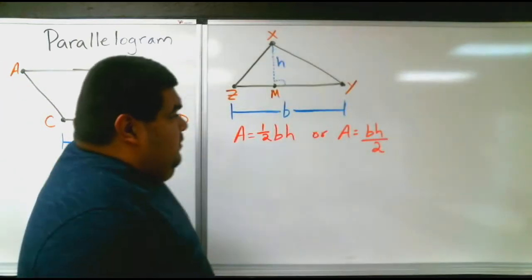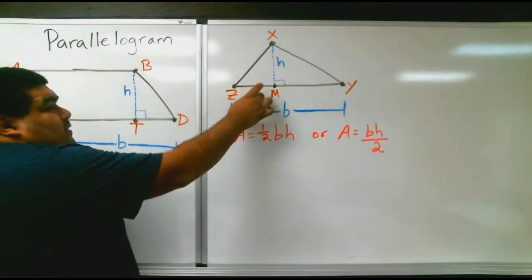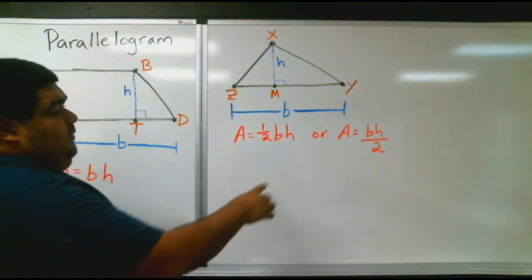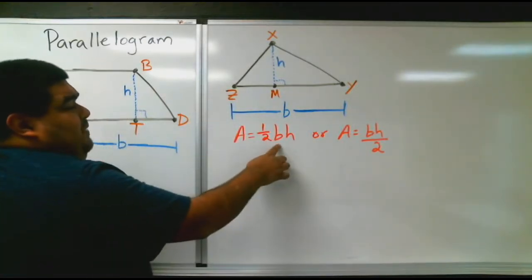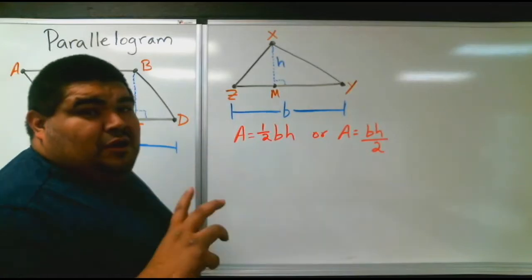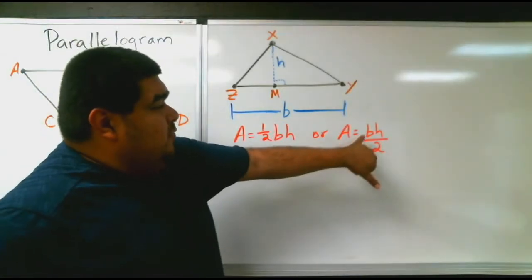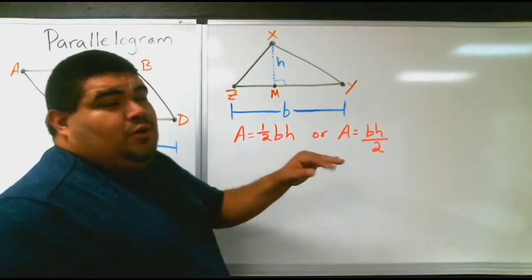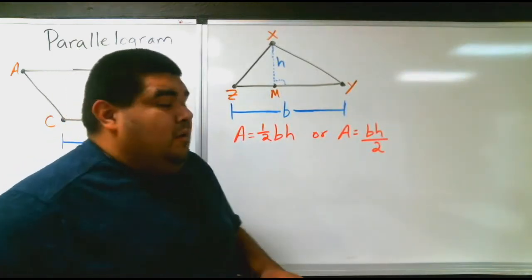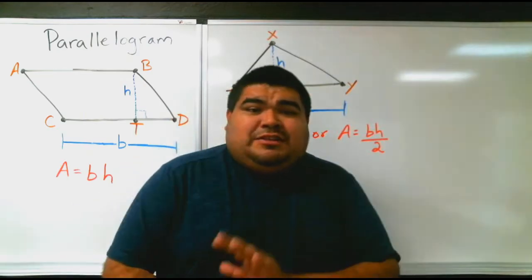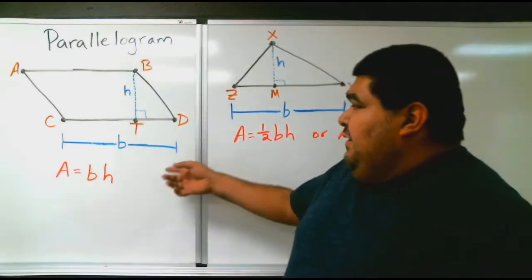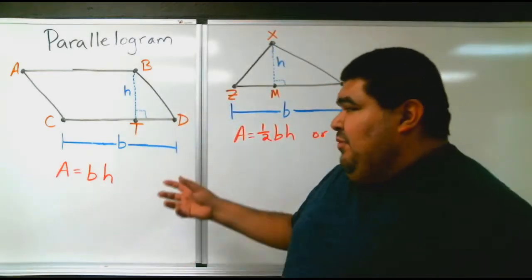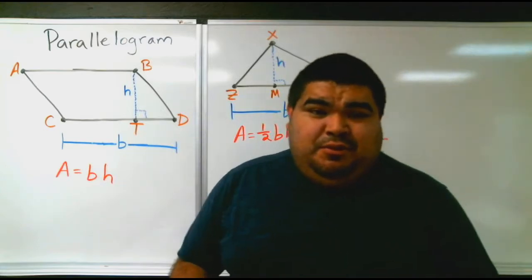So think of half of a parallelogram as a triangle. So we do 1/2 base times height. You might also see it as area equals base times height divided by 2. Either one works. I'm going to give you at least one example of each, because it's very simple.